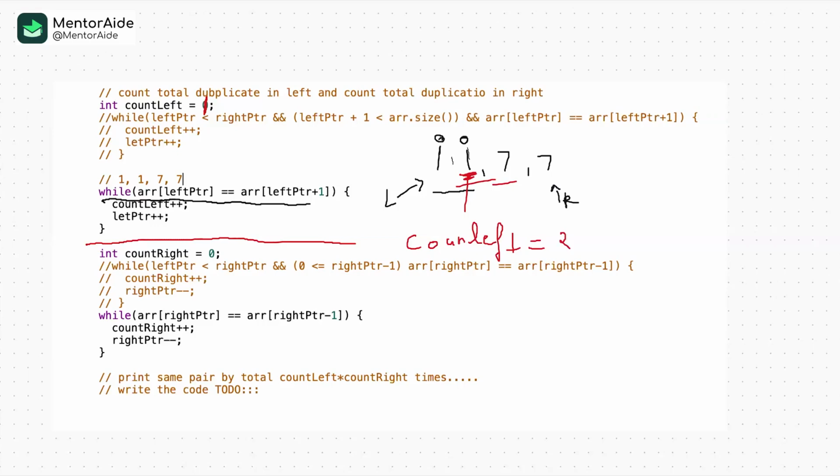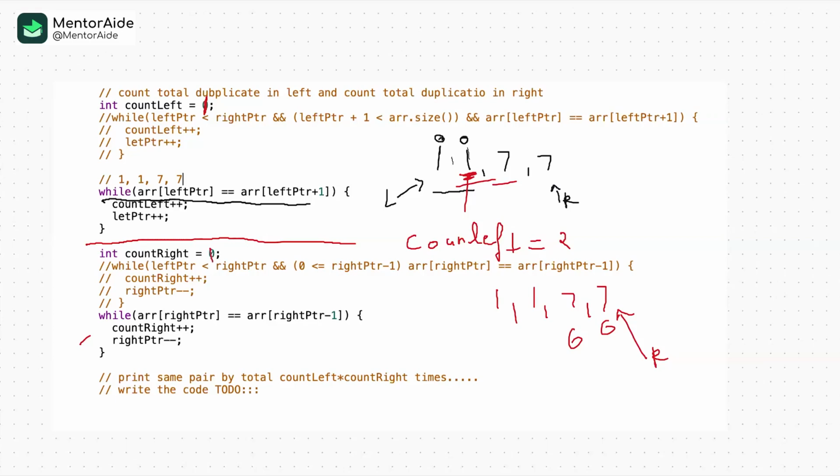Let's do the same steps here, for 1, 1, 7, 7. The right pointer was pointing to here. It says array[right] equals array[right minus 1]. That means it is comparing this value with this one. Is 7 equivalent to 7? Yes.